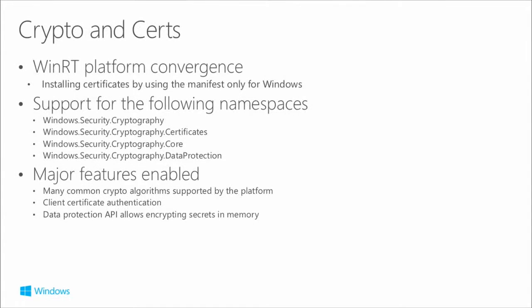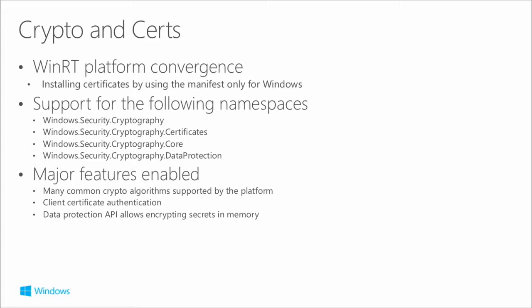So with the Converge platform, we now support a lot of crypto and certificate APIs on Windows Phone. We got a lot of questions around this in the past. Windows 8 and 8.1 already support a lot of these APIs. We can do cryptography, we can install certificates, we can use certificates with calls, we can do certificate chain testing.